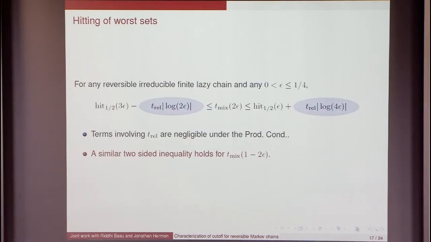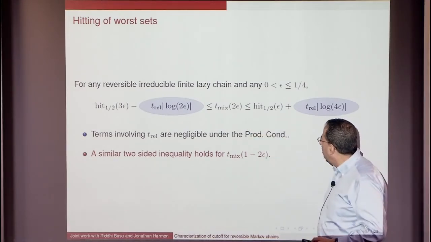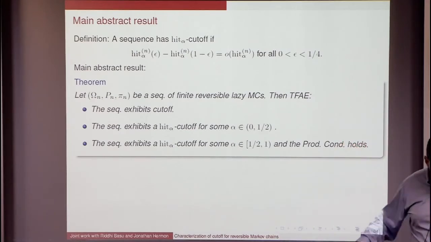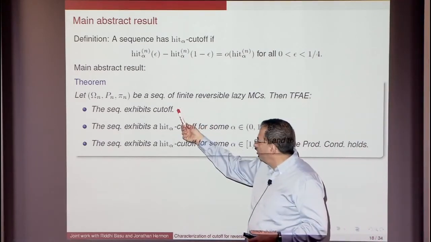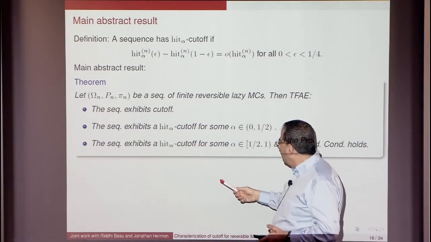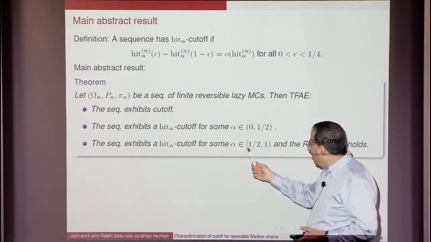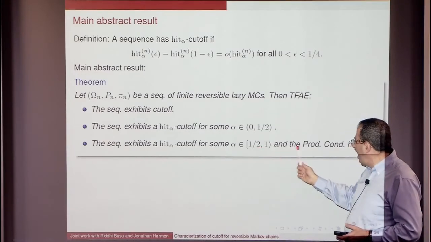Okay, so I want to explain the key ideas that go to the interesting inequality here. Let me first state abstractly what this implies. So we have an equivalence between cutoff, which we want to understand, and the second thing, hit alpha cutoff for some alpha in (0, 1), and the product condition.